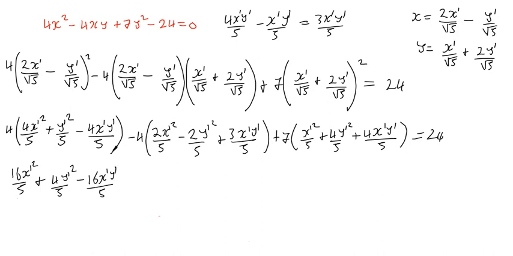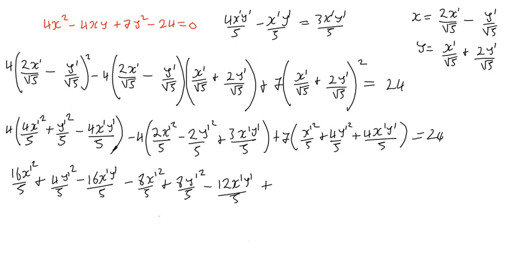That would be minus 8x prime squared divided by 5 plus 8y prime squared divided by 5. Hope you're seeing what I'm doing here. Then that would be minus 4 by 3, that's 12x prime y prime divided by 5.